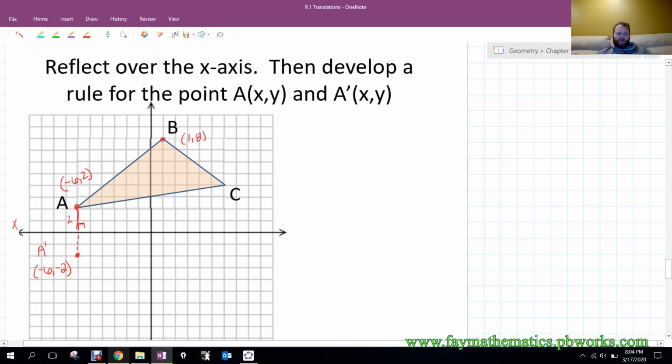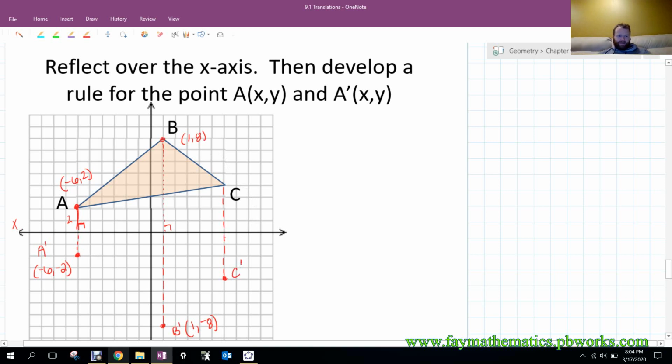So that distance right there, which is 8 units, needs to be reflected and become 1, 2, 3, 4, 5, 6, 7, 8. So there's B prime. And if I count, that'd be 1 to the right, down 8. And then this C is 1, 2, 3, 4 units. So 1, 2, 3, 4 there. And I get C prime.